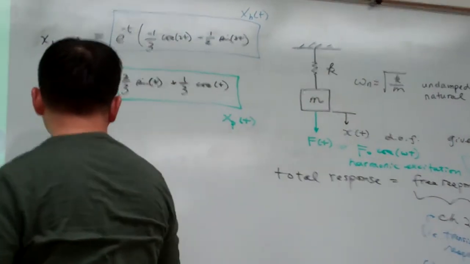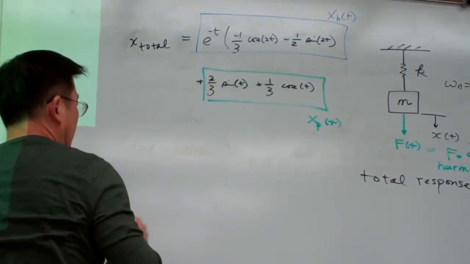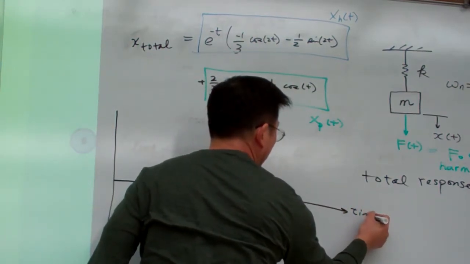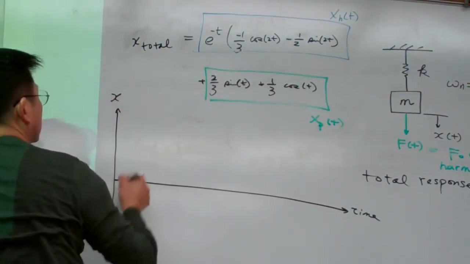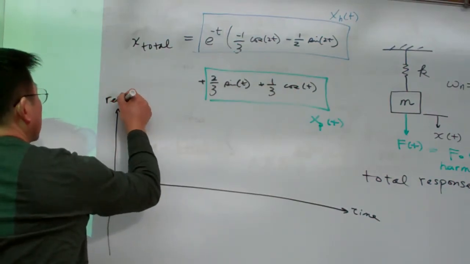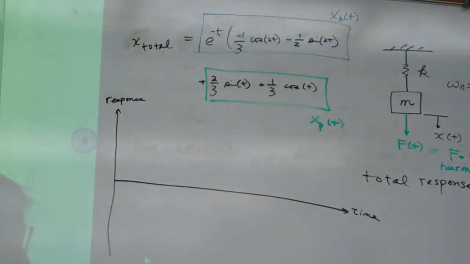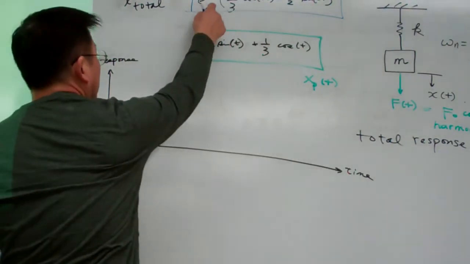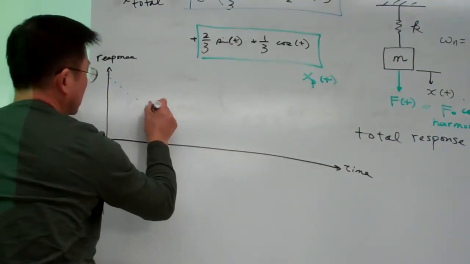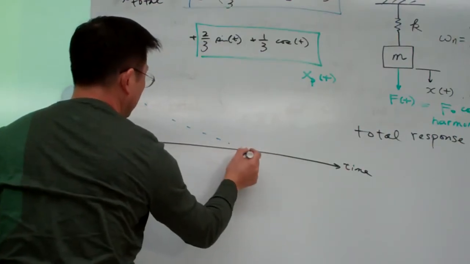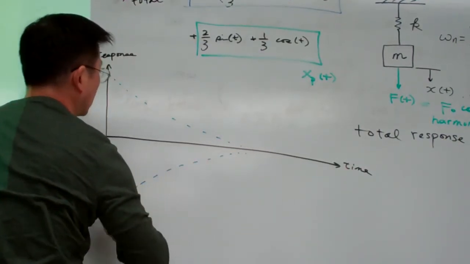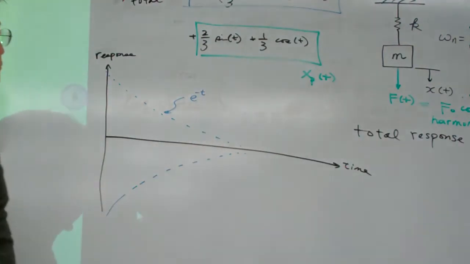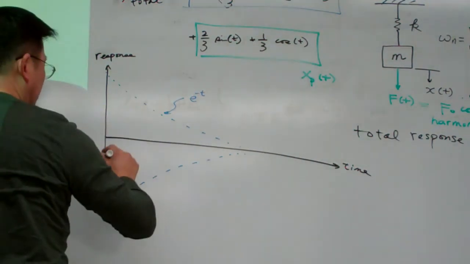Let me draw it. We can look at the graph of the response. Okay, so this is the response, and I'm going to draw it, using the blue line to represent the homogeneous solution, and that response can be something like this.